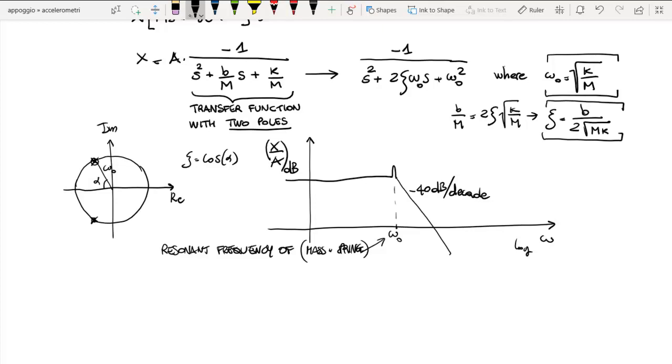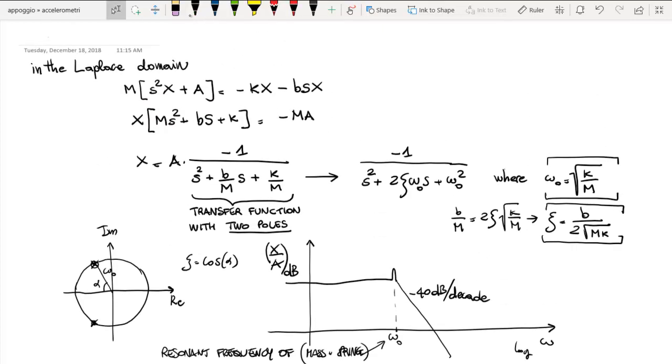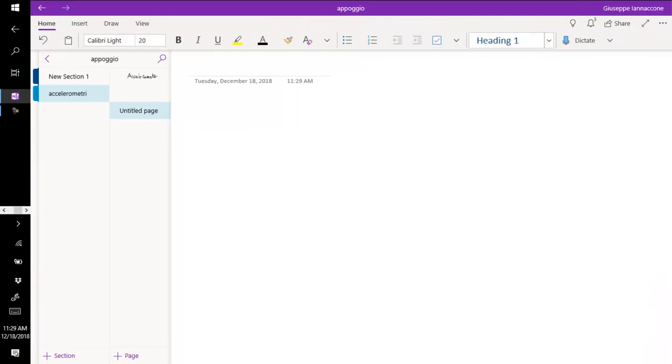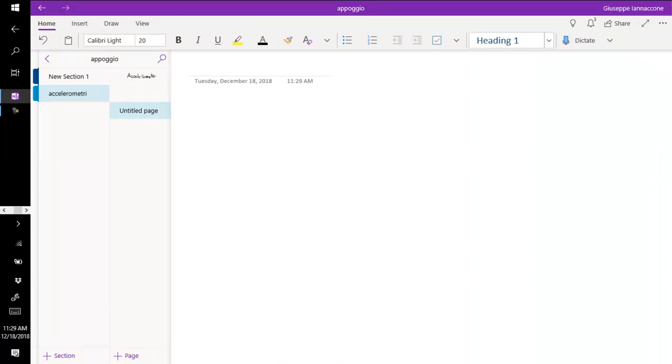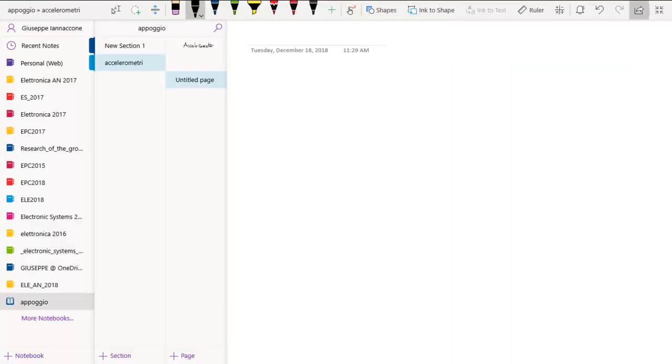And the most commonly used, which is the one that we are considering here, is the so-called capacitive accelerometer.